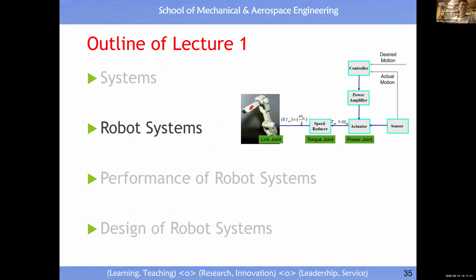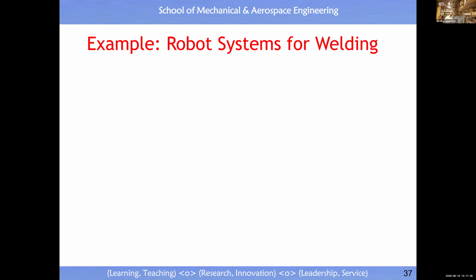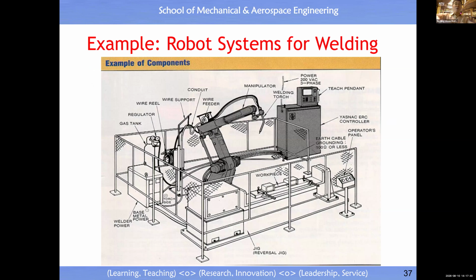Then all the concepts in the previous slide apply to robot. Robot is a special system, right? So robot has a lot of modules, right? They interconnect together, work together, right? Try to imitate human-like skill, human-like intelligence, right? Okay, then welding requires a human being who can do welding.